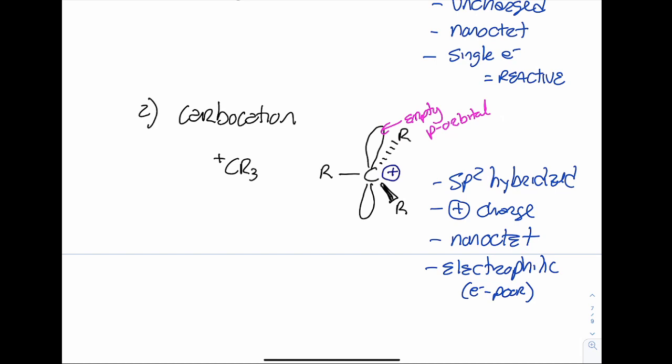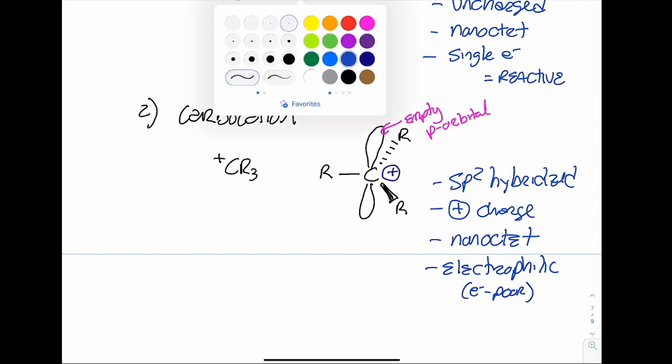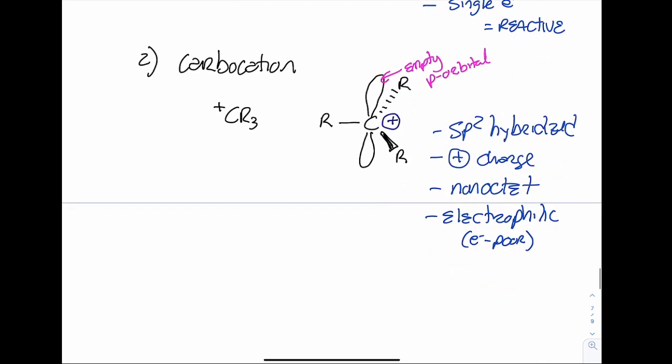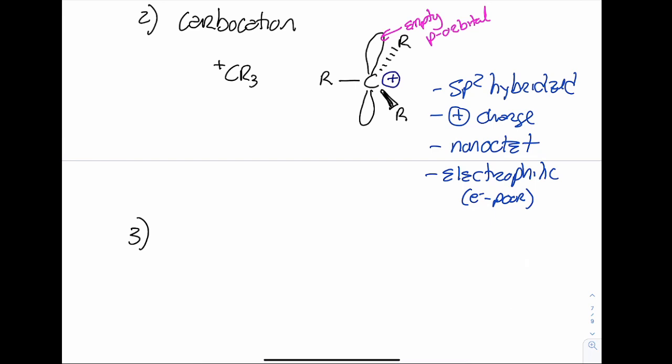So electrophile and nucleophile aren't going to apply to radicals. So carbocations, right, are non-octet carbon with a positive charge. It has an empty orbital that we can put electrons into, right? It's my electrophile.